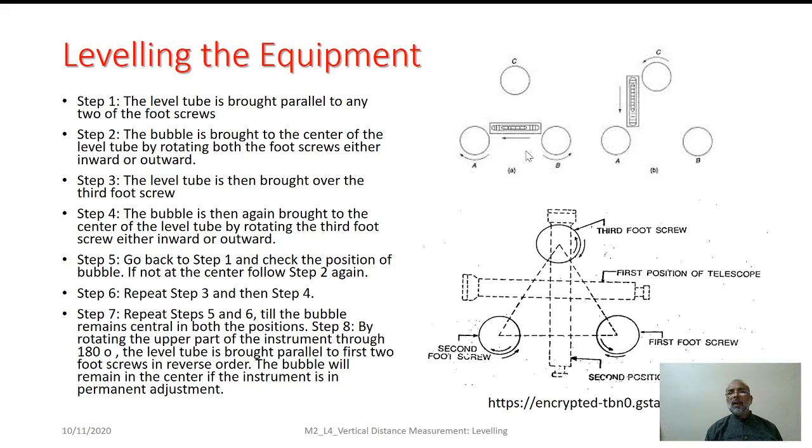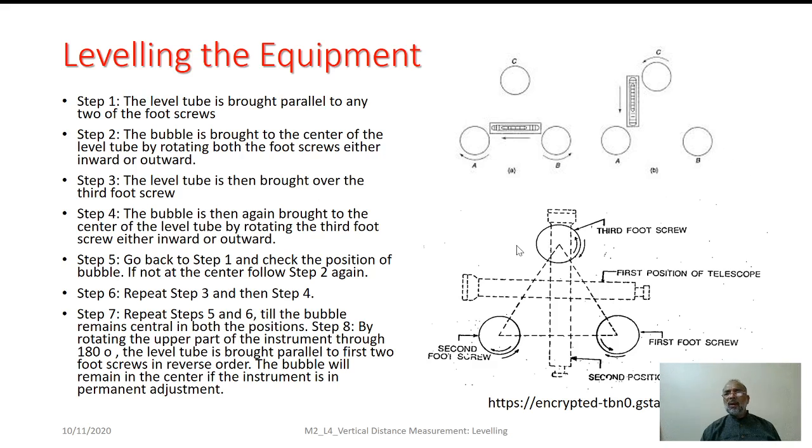As the bubble is brought to the center, the telescope position will be such that it will be lying over the remaining screw. That is, the telescope will be perpendicular to its earlier location.